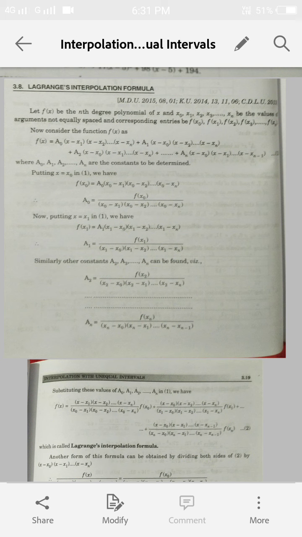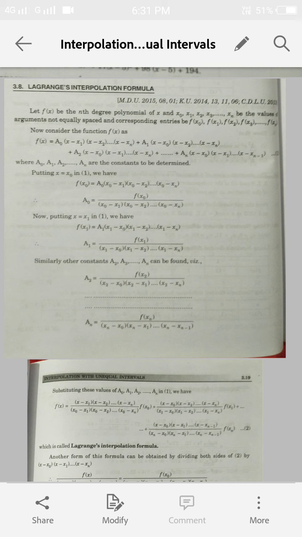Now consider f(x) as a function of nth degree. Now we can take f(x) equal to a0 into (x minus x1) into (x minus x2) and so on, and the last term we will take (x minus xn), plus a1 into (x minus x0) into (x minus x2) up to (x minus xn). Continuing like this, we write its terms up to an.